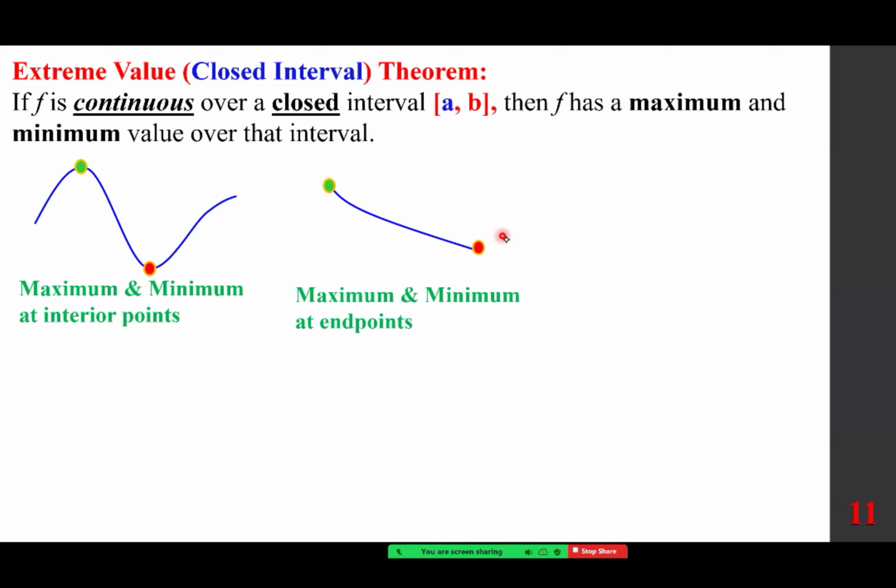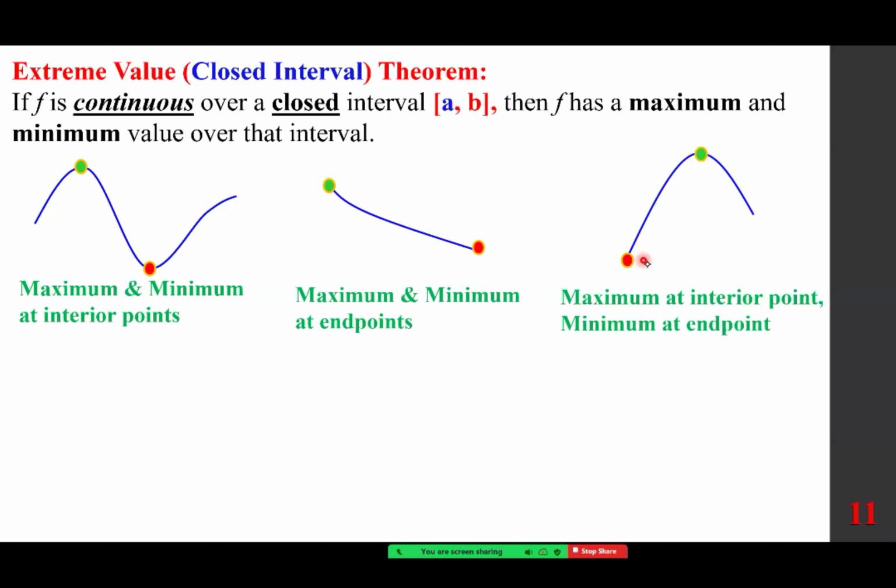And so endpoints can only be absolute. Absolute max, absolute min. Maximum at interior point, minimum at endpoint. So any of those can happen. So that's the concept of the closed interval theorem.